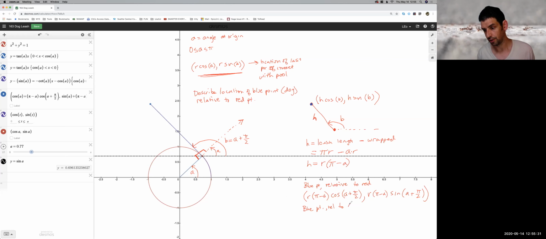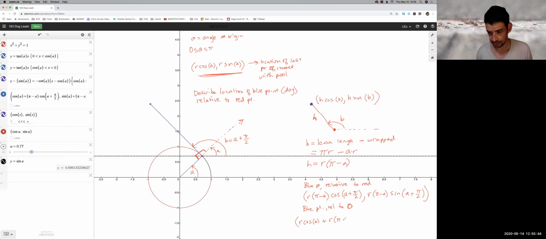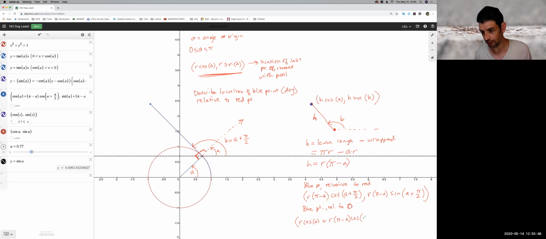relative to the origin, we're going to have r cosine A plus r times (pi minus A) cosine of A plus pi over 2.